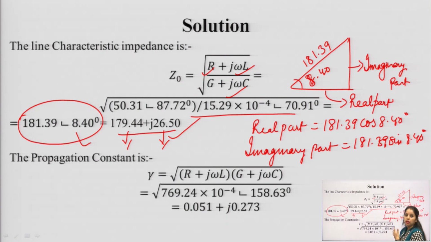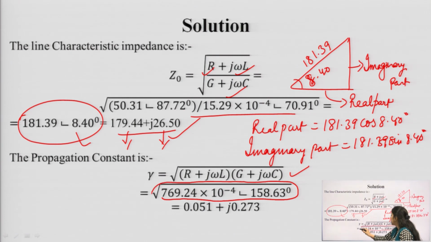This is the process of solving the phasor diagram, the angle and magnitude diagram, with the real and the imaginary components. Similarly, for calculating the propagation constant, we take the formula of the propagation constant, substitute the values of R and everything required, and when we solve it we again get the result in the form of a phasor. Then we have to solve it in terms of the imaginary and the real part.